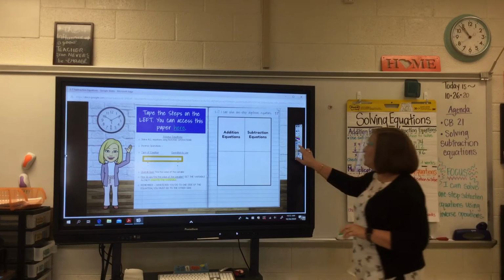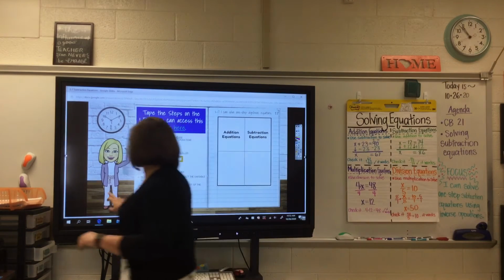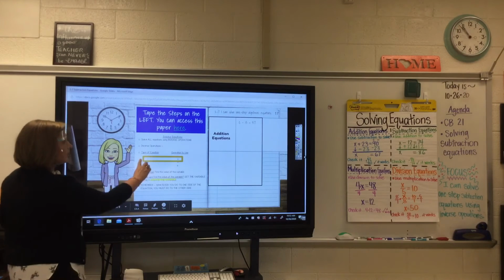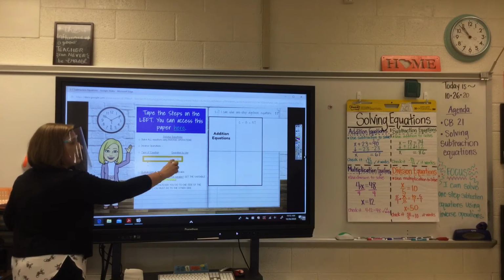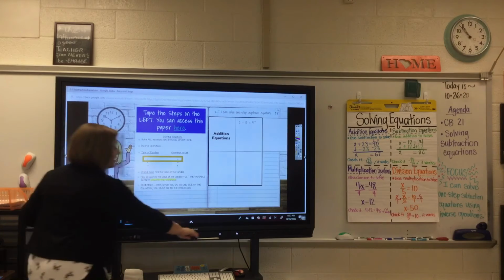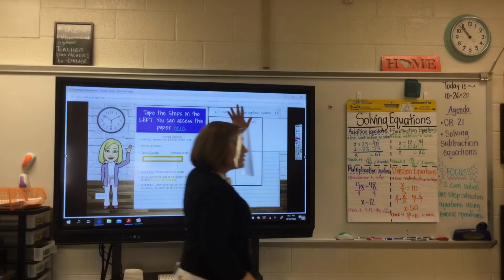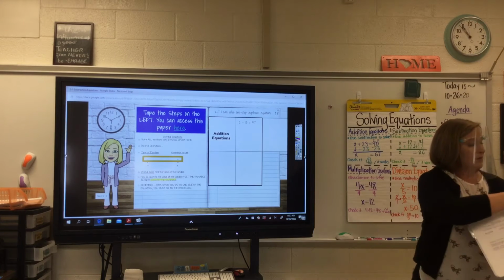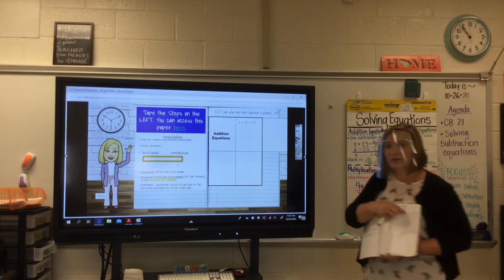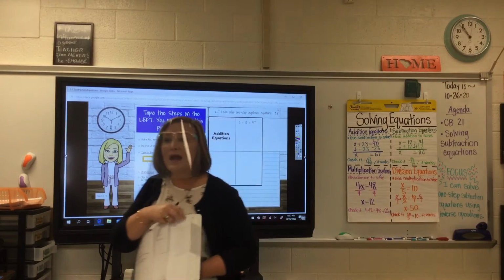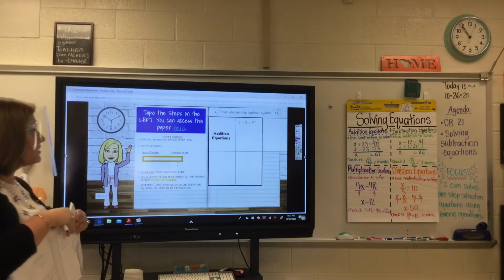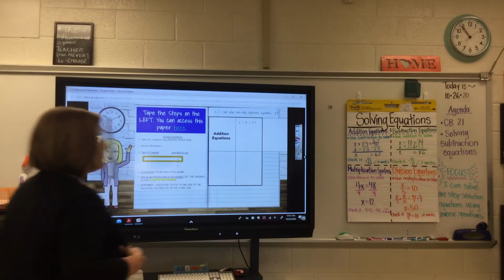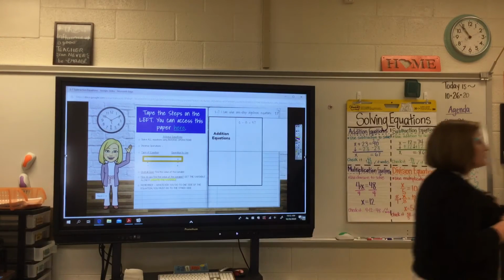All right, I want you to open. I did put a box right here to show that we're on subtraction today and that we're going to use addition to solve our subtraction equations. On the very bottom part, on the part that's taped down, I want you to write C minus 13 equals 57.